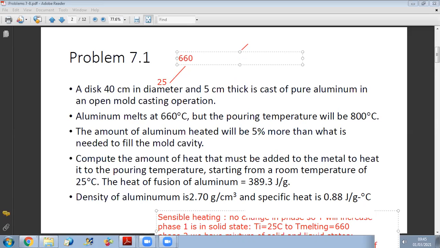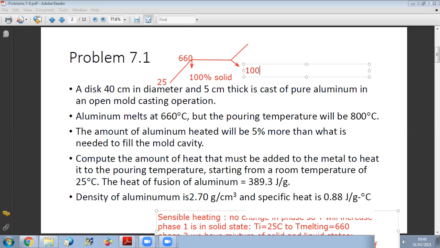This phase is a sensible heating phase. Then I go from this point, which is 100% solid, to 100% liquid, and this change of phase will take place at constant temperature.